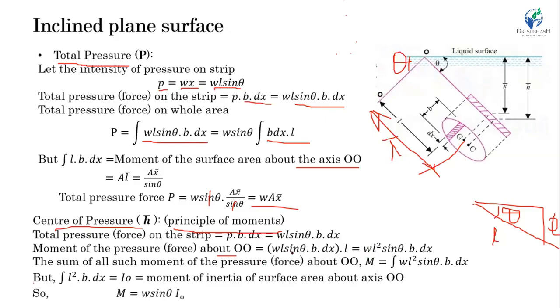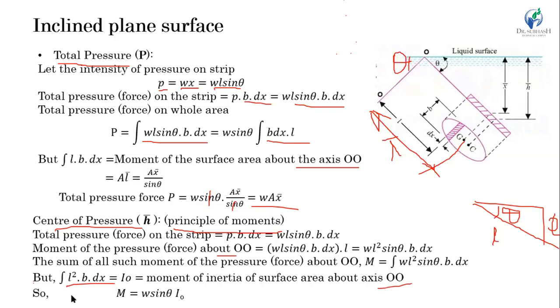But this is the moment of a very small force acting on this strip. For the total force acting on the whole area, we have to integrate all this with reference to OO. So again, W sin theta into the integral of L square B dx. Here L square B dx is nothing but the second moment, the moment of inertia of the surface area about the axis OO.